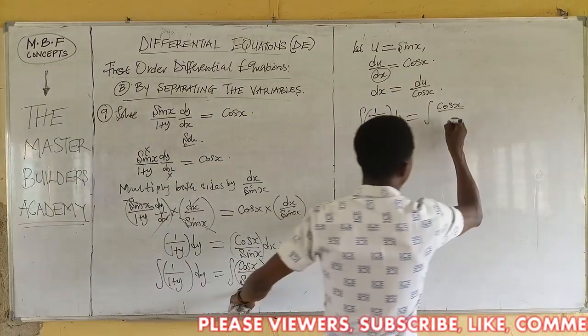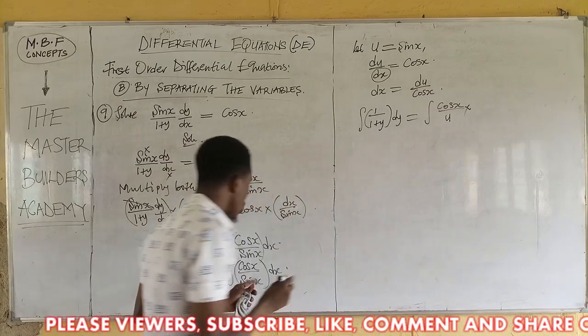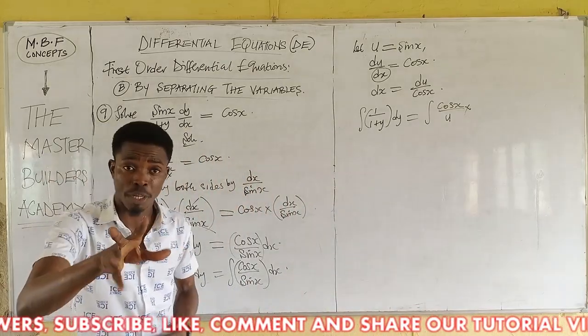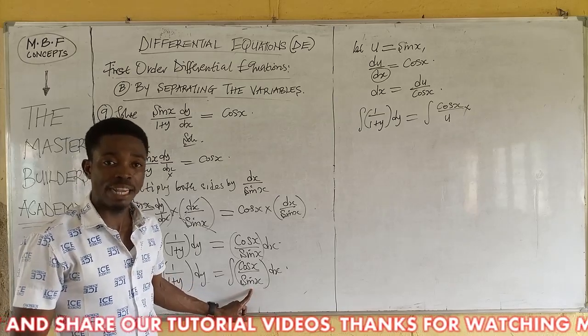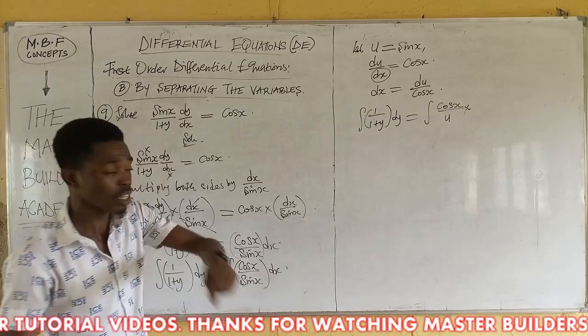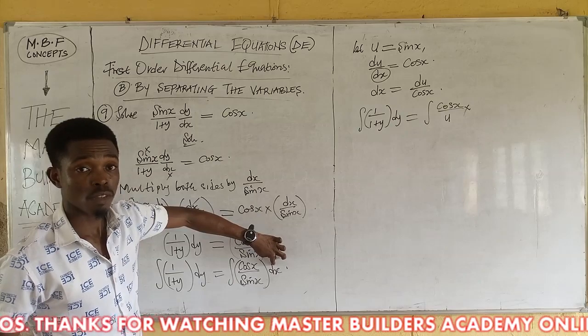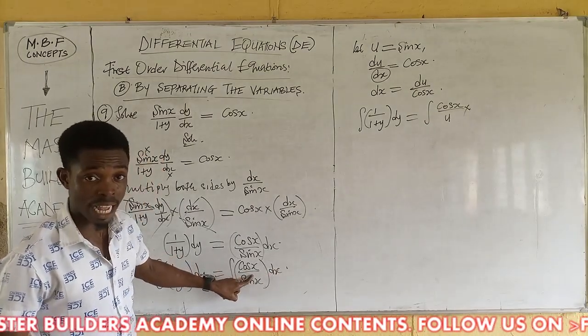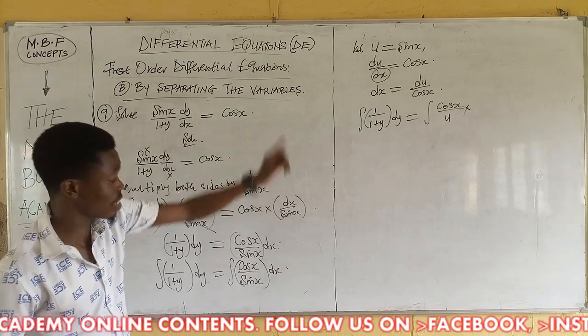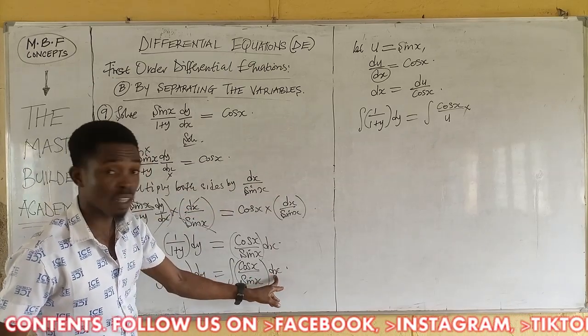So we put that in here. And guys, what do you actually do in substitution method? One of the two things you do is to replace the denominator by another variable and substitute for the dx. So these are the two things that it affects. So first we substitute u for sine x, and also remove the dx from here.